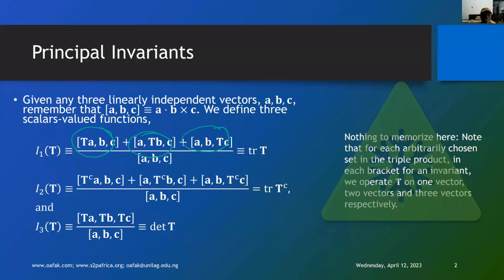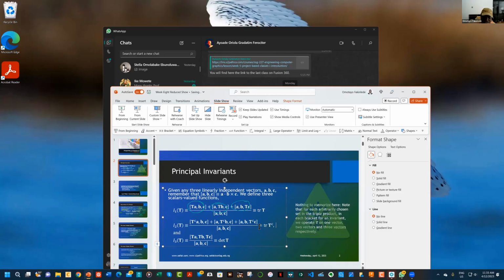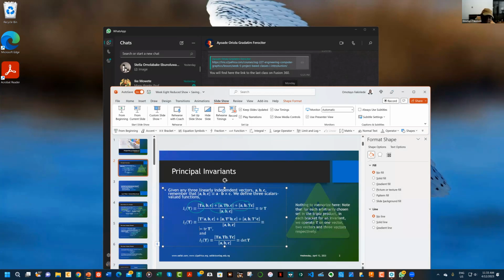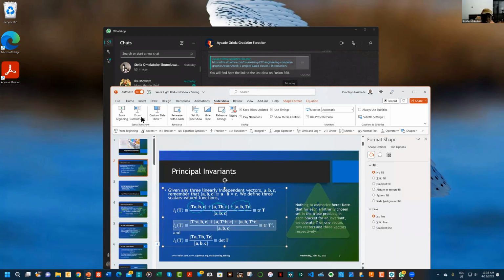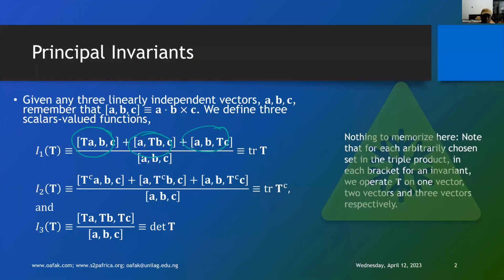If we are looking at the definition of the trace of the cofactor, not just an equality, this is it. This is the definition of the trace of the cofactor.